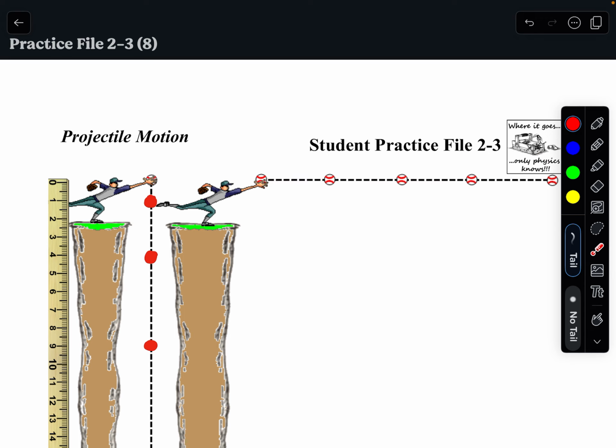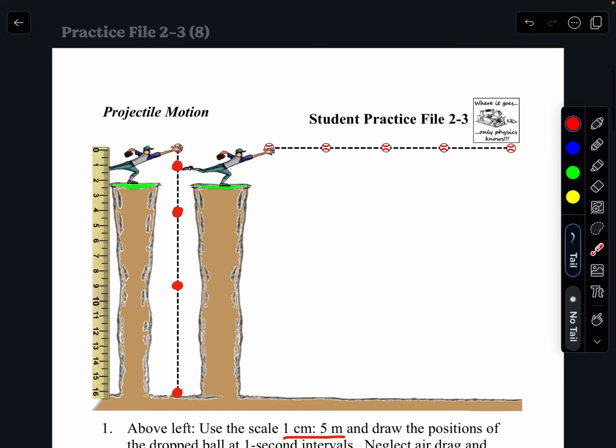When the gaps between each position are equal, that means the ball is traveling the same distance every second. So the horizontal velocity, or the Vx, that we would call that, is constant. It might be 2 meters per second, something of that nature. Okay. Now what we need to do is combine our vertical motion, which is accelerated, our ball speeding up downward, with our horizontal motion, which is constant.